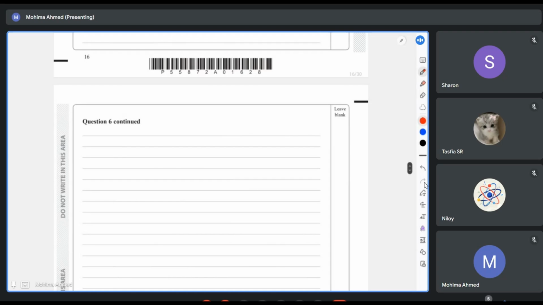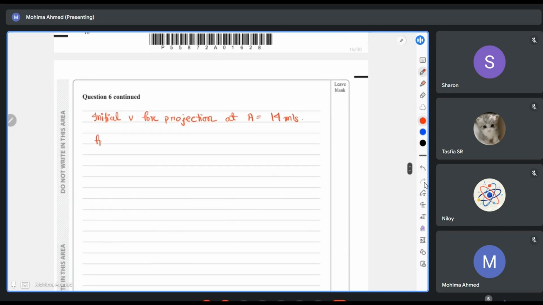So the initial velocity with which the ball was projected at point A was 14, right? The value for capital U was 14. Then the final velocity for reaching the ground was minus 21.